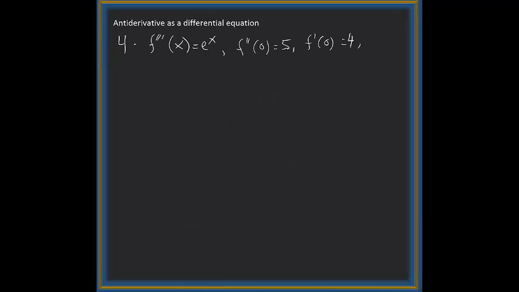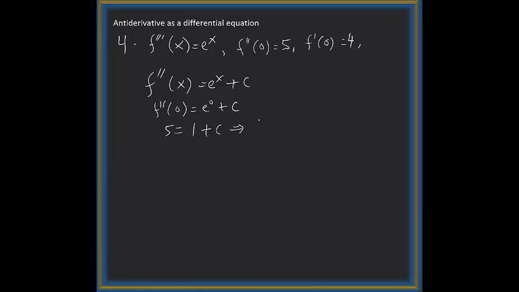Example 4, we have the third derivative of a function with two conditions. So using antiderivative, first we get f double prime of x is e to the x plus c. Now use the condition, we get f double prime of 0 is e to the 0 plus c. e to the 0 is 1 and f double prime of 0 is given as 5.